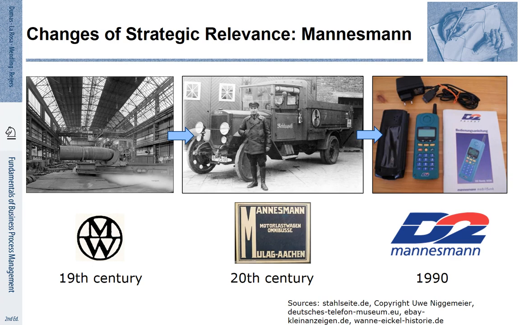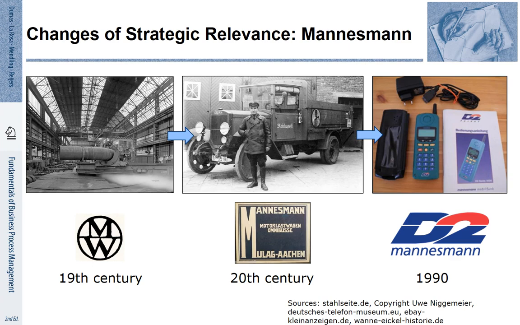The business of Mannesmann had further changed by the late 1990s, where Mannesmann was one of the first private companies to offer telecommunication services in the German market. And if you compare these different processes that are related to these products and services, you can clearly see that these are drastically different.